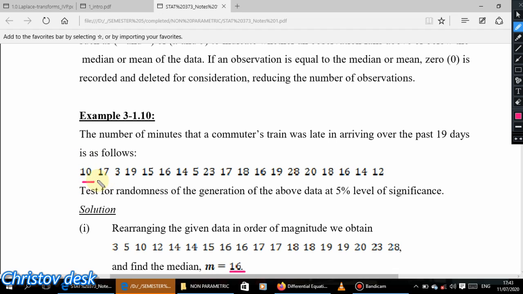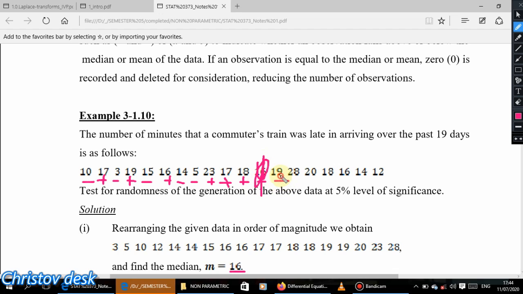This is above, I can use a plus. This is below, this is above, this is below, this is above, this is below, this is below, this is above, this is above, this also above, and this is equal to the median. When it is equal, you cancel it out.